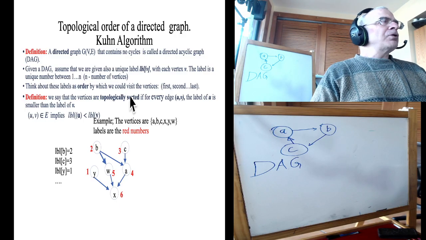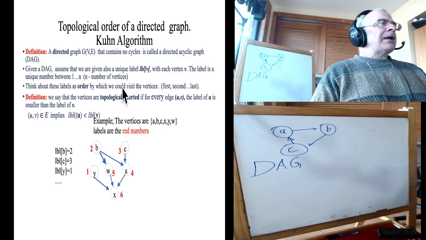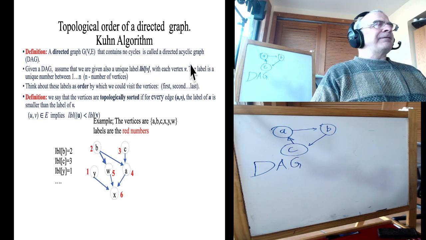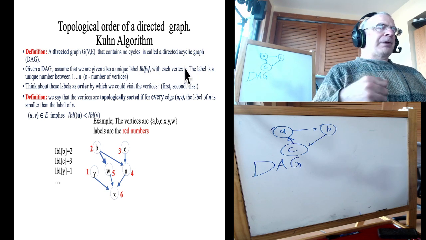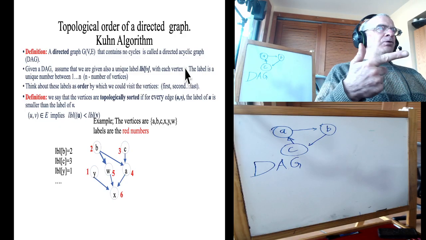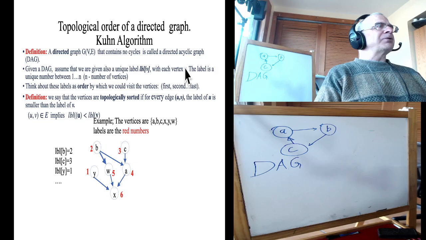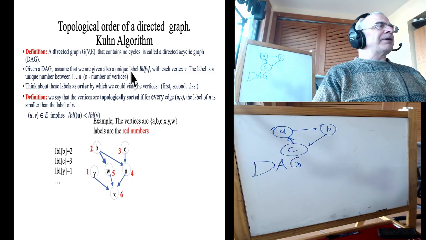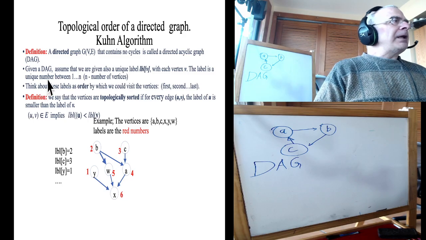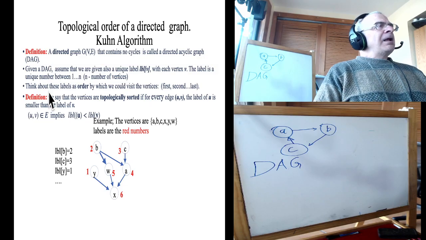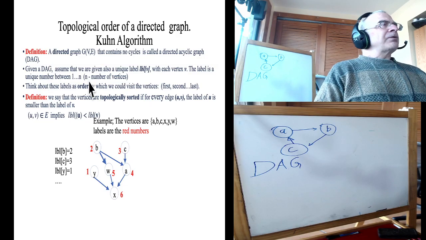Formally, topological order is a label between 1 and n that I give to each one of the vertices. One will have the label of 1, 2, 3, 4, 5, all the way up to n. The label is a unique number between 1 and n, where n is the number of vertices. Unique in the sense that I don't have two vertices with the same number. And what is the criteria?